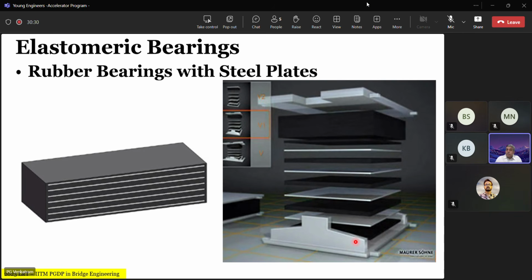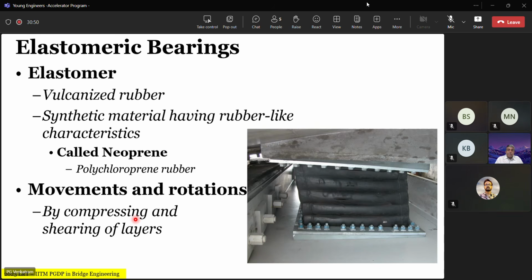To get an idea of it, have a look at IRC 83 Part 2 on elastomeric bearing. You will see all the latest arrangements that are possible and permitted in the code. But this is to tell you, essentially they all look like rubber material with steel plates sandwiched between the rubber.